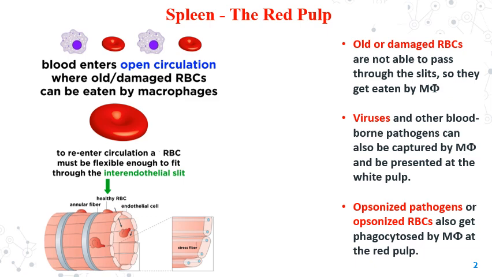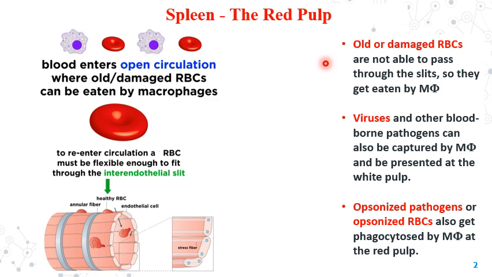Now, if you get your spleen removed, well, what are the functions of the spleen in the first place? Oh, here they are. They are going to remove all the red blood cells or damaged red blood cells. They're going to help to fight viruses that got into your bloodstream, okay? And they are going to get rid of opsonized cells, as well as red blood cells, and opsonized pathogens, okay?